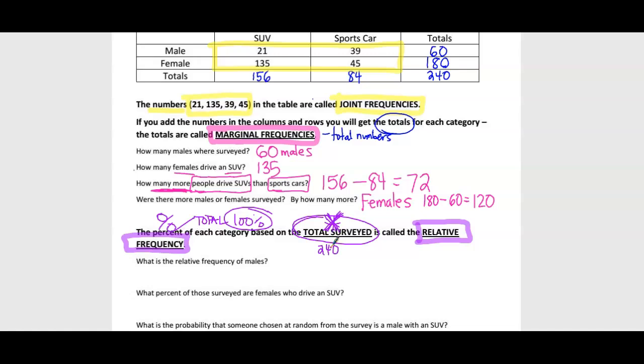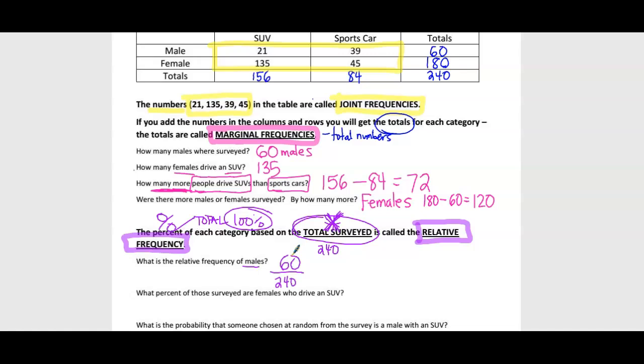So, we're going to put the total surveyed on the bottom. When you find a percent, your total goes on the bottom of a fraction. Next, you're going to find how many males were in the survey. So looking at the table up there, you need the total males. The total males is 60.